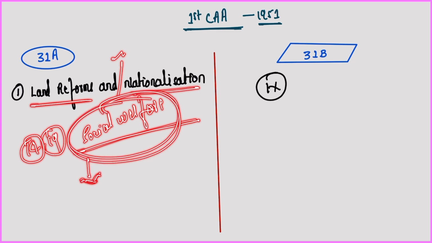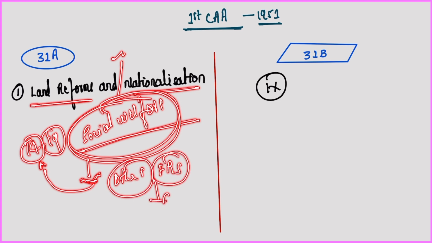Also, they can be challenged not only for violation of Article 14 and 19, they can be challenged for violating other fundamental rights, right? So, in order to make sure that such things do not arise, the Government of India, through the Constitutional Amendment Act, proposed to include one more article in the Fundamental Rights chapter called 31B.